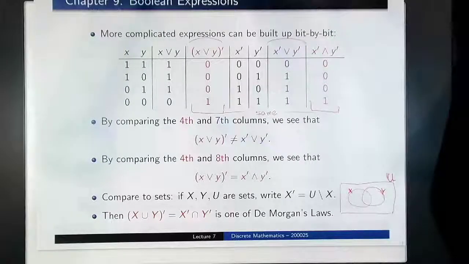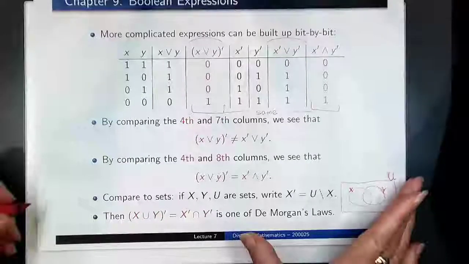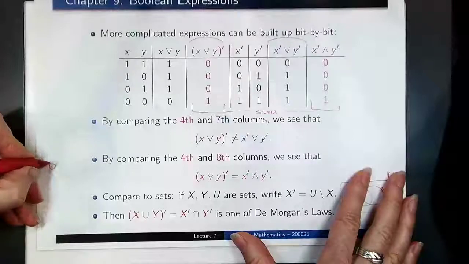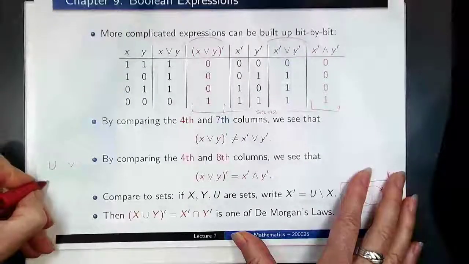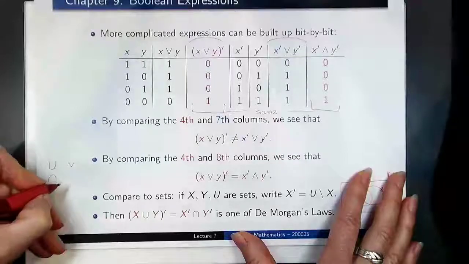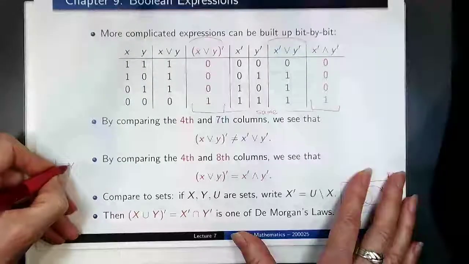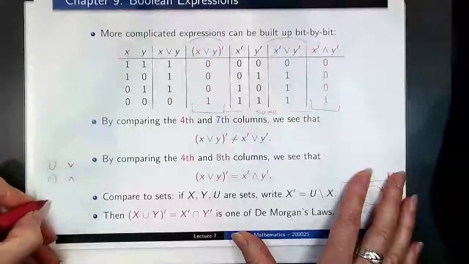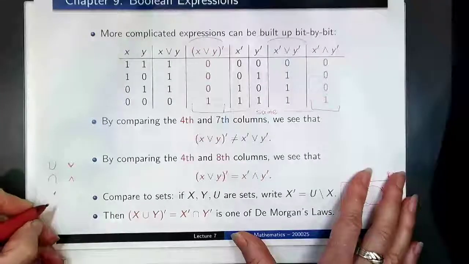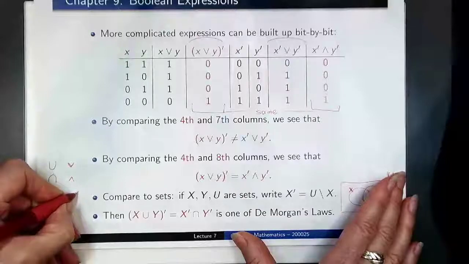Now, this is more than just a nice example. I don't know whether we end up doing a lot of this, but union for sets is very much like OR in logic. Intersection is like AND, and the complement is like the NOT.